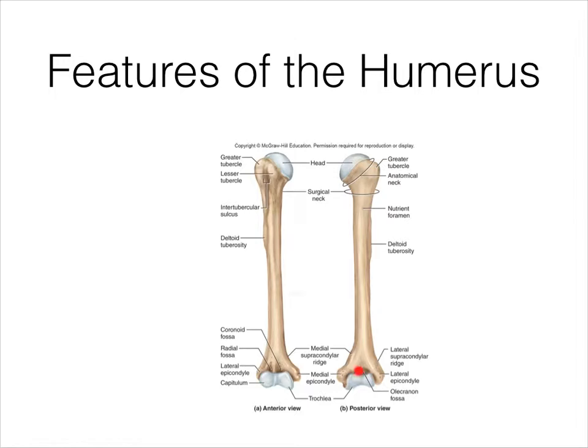So the olecranon fossa, that's where the olecranon process notches into. The coronoid fossa, that's where the coronoid process fits into. The radial fossa, that's where the radius fits into. So if it's a fossa named for a bone feature, the bone feature that fits into it is probably what it's named for.